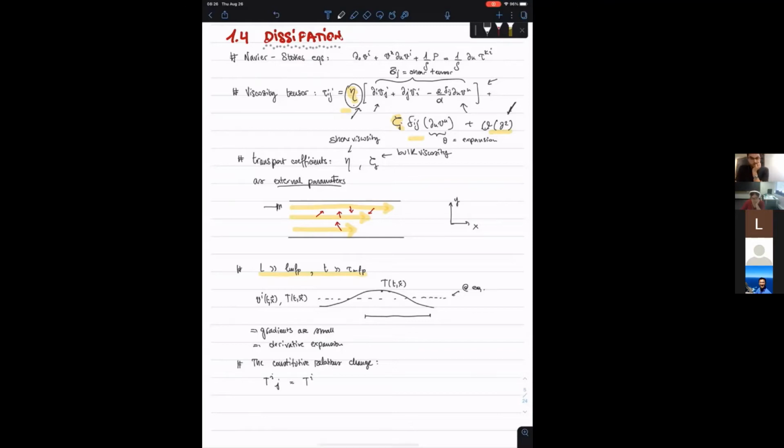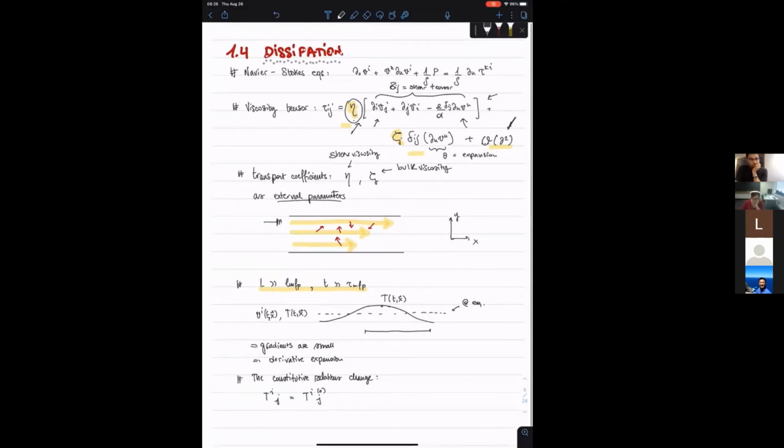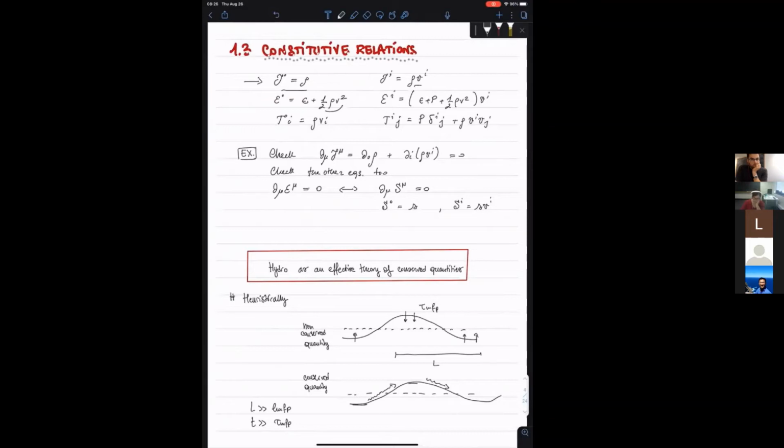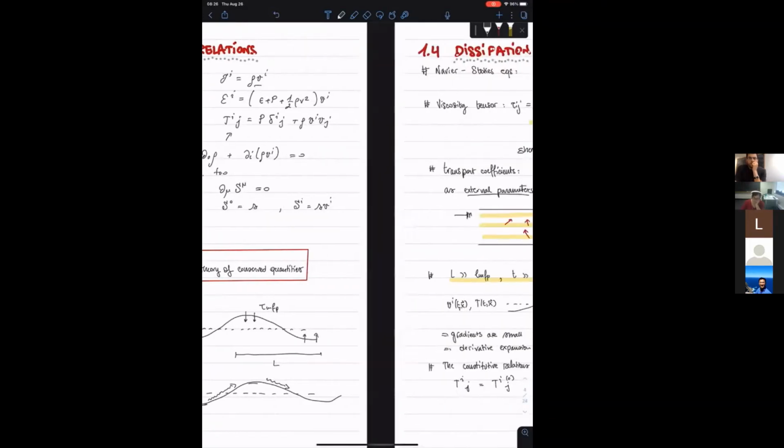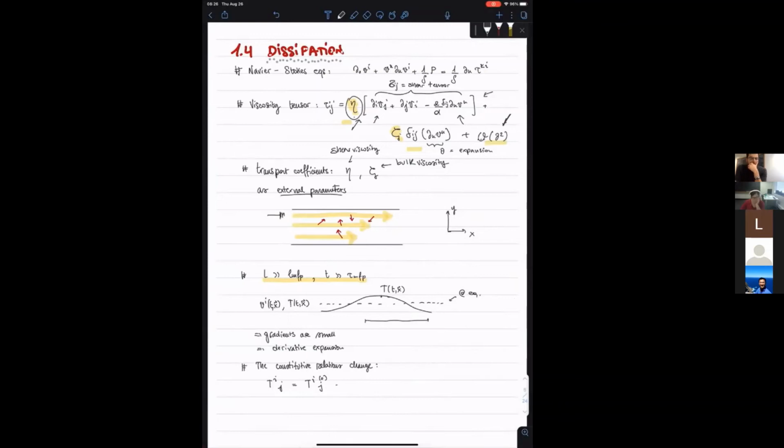You will have the leading order piece, which I denote with T_ij^0, which is what I wrote on the previous page. So this will be this quantity here.